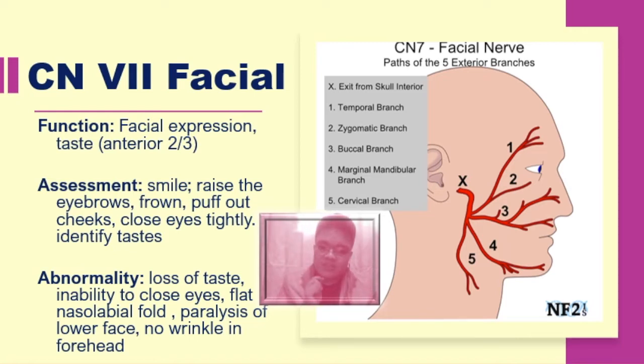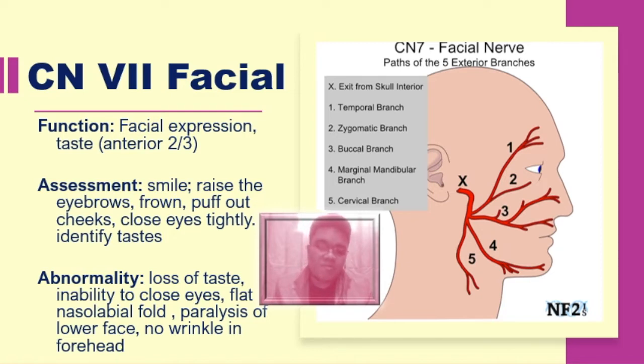Okay, class, if your patient is able to perform all of those, your patient's cranial nerve number 7 tends to be intact. Plus, the usual substances used for taste discrimination are sugar for sweet, salt, and lemon juice for the sour.